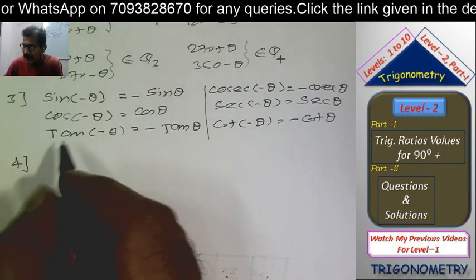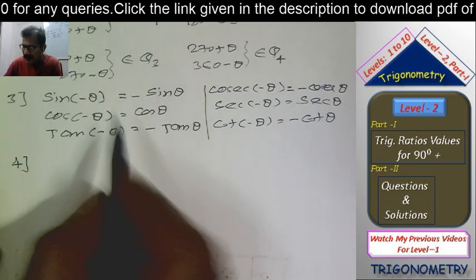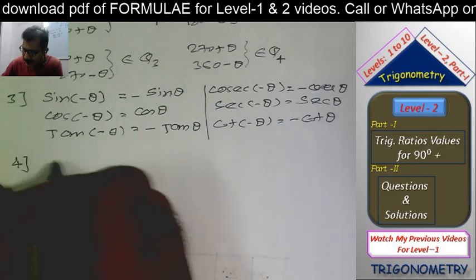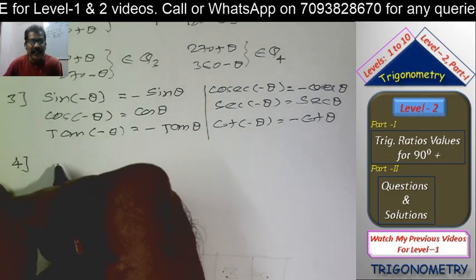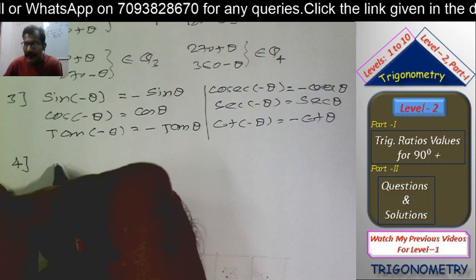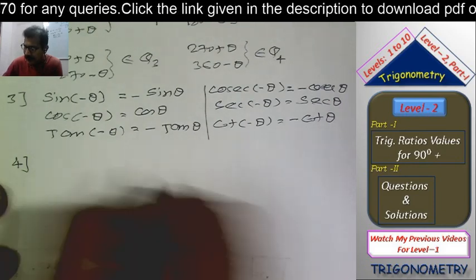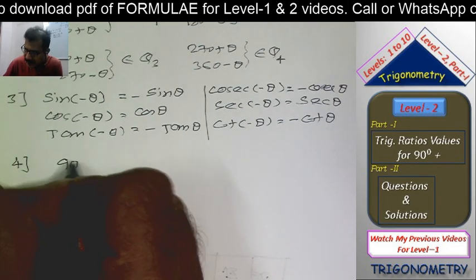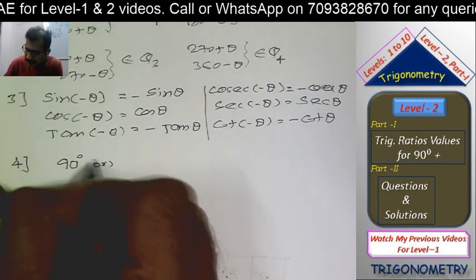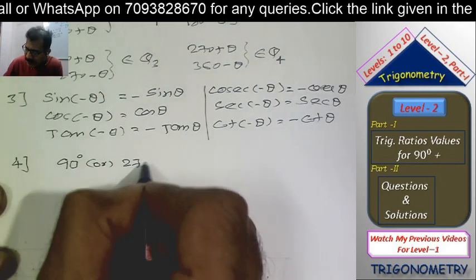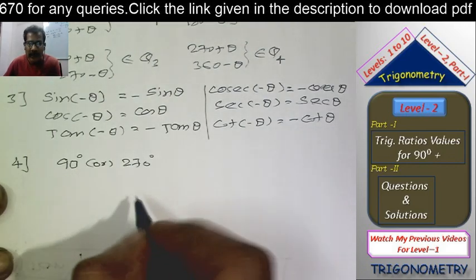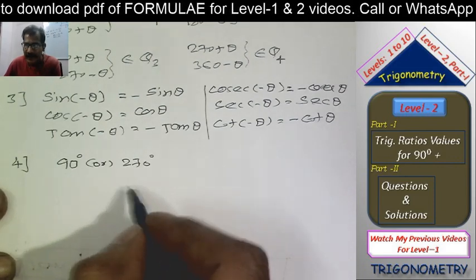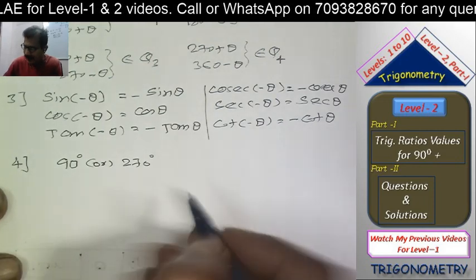So let us apply these rules, and let me explain point 4. In that case, there is a change of the ratio according to the angle. Here we write two sets. Let me take the first set: whenever the angle is 90 degrees or 270 degrees. It is one set. Later I will explain how to use all these 4 points in finding the values of trigonometric ratios whenever the angle is above 90 degrees.